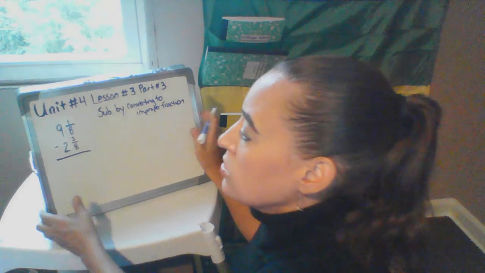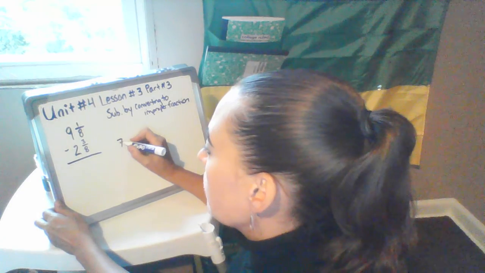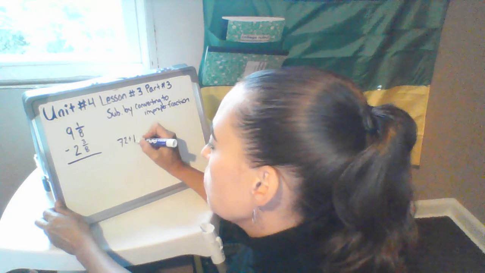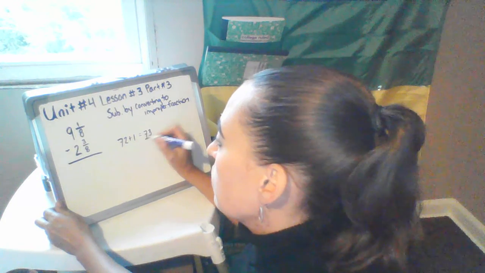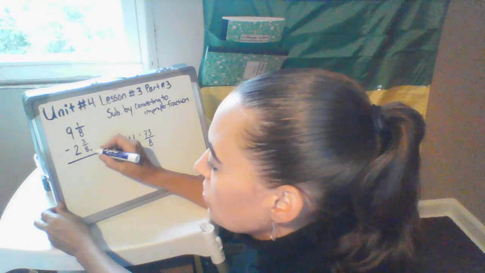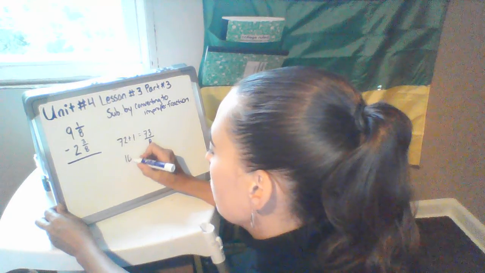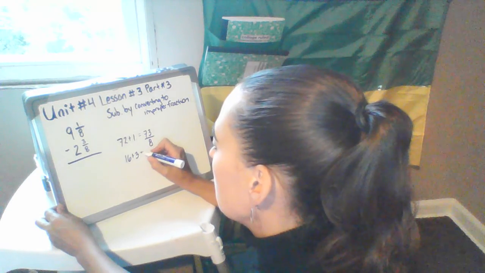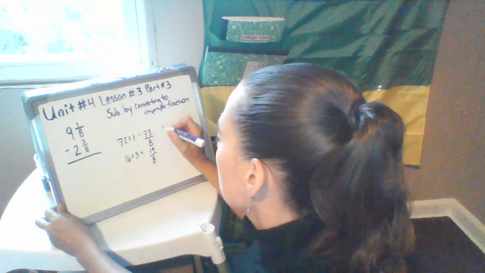So I'm going to do 9 times 8 is 72, plus 1 is 73. So it would be 73 over 8, okay? 2 times 8 is 16. So you have 16 plus 3 equals 19 over 8.